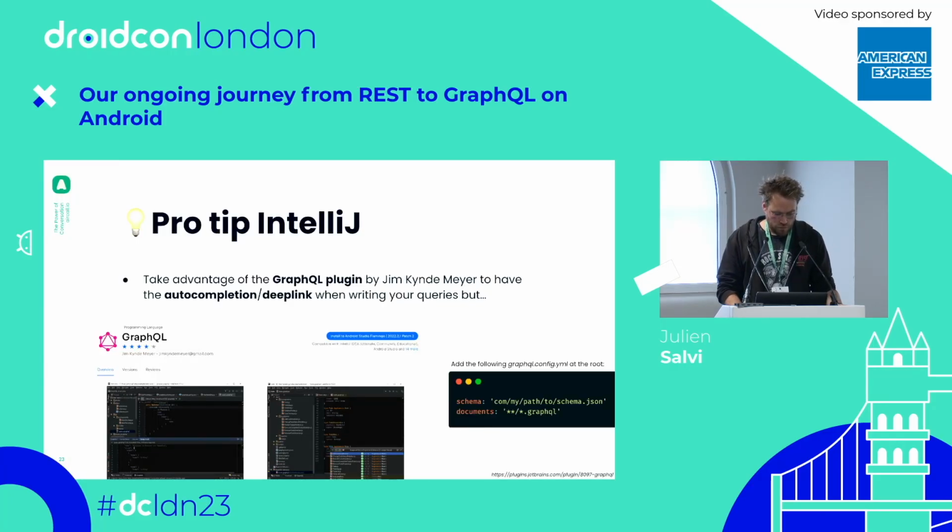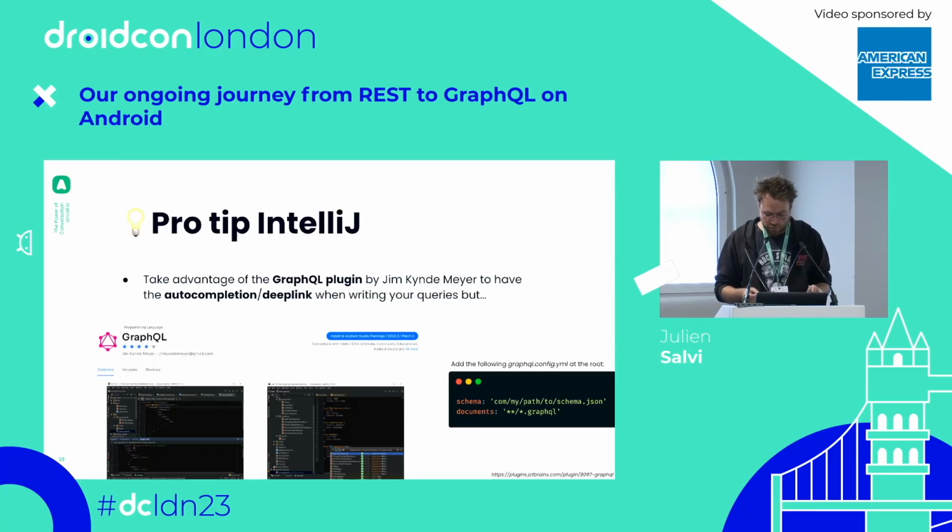Okay, so a pro tip: if you are dealing with a GraphQL API, you can take advantage of this plugin made by Jim Mayer to have auto completion and deep links inside your code, directly from the schema or from the query you just wrote.